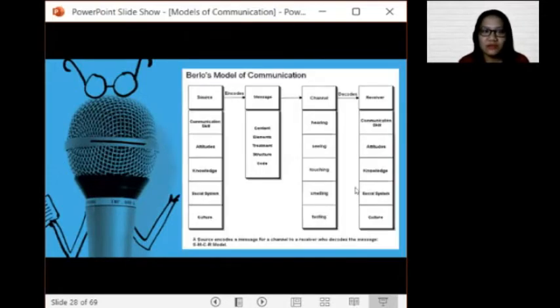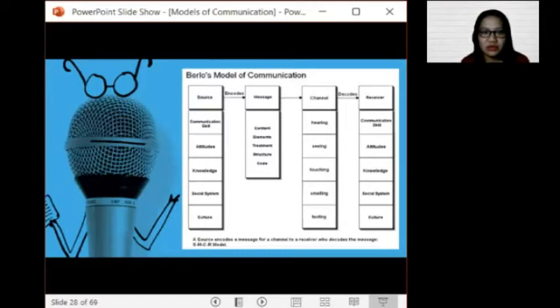The first one is, of course, the source, message, channel, and of course, the receiver. So here, one of the main purposes why he created the Berlo's SMCR is, of course, for the encoding and decoding of message.